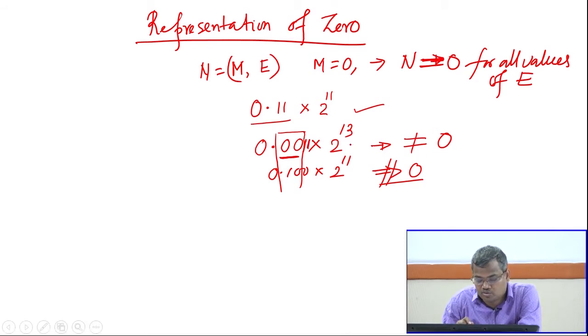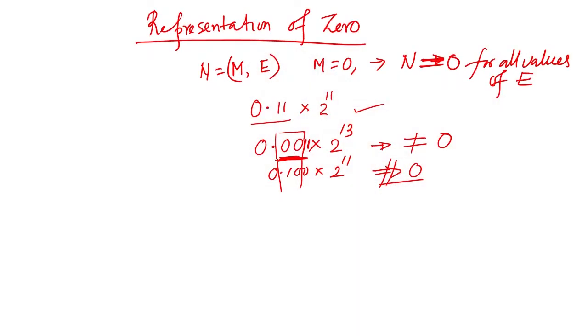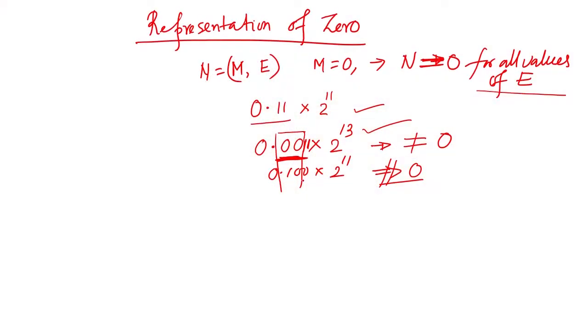If you look only at the mantissa part, because the mantissa is 00 and the exponent can have any value, we might conclude this number is 0. But it is not exactly 0, as you can see when you normalize it: the value is 0.10 into 2 to the power 11.